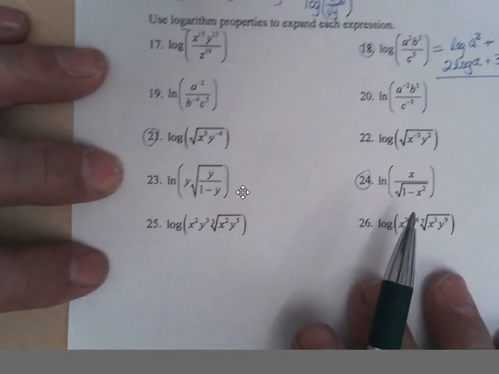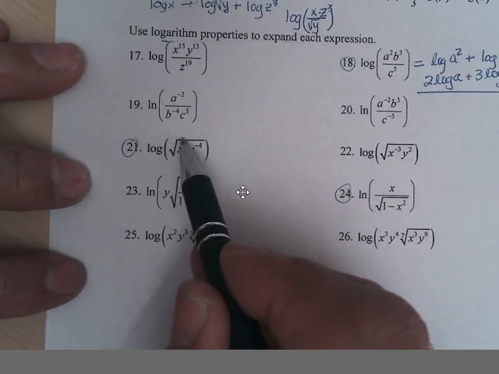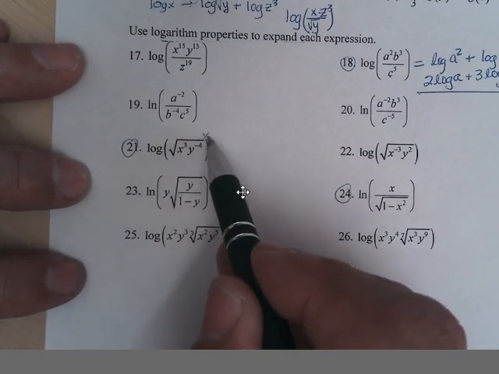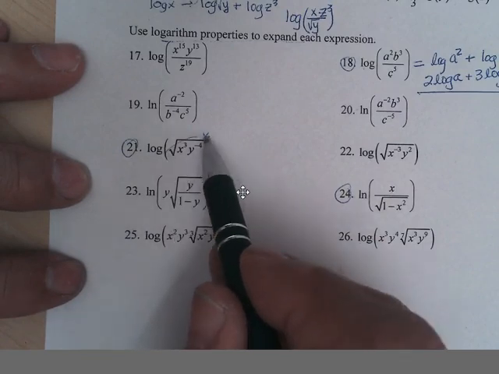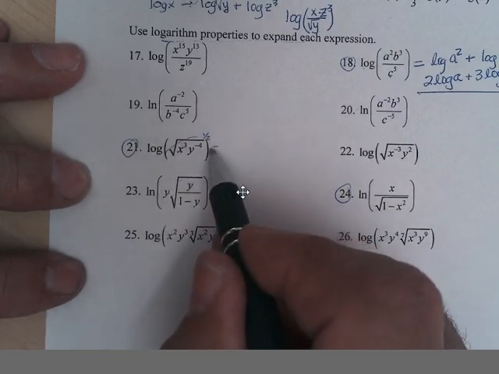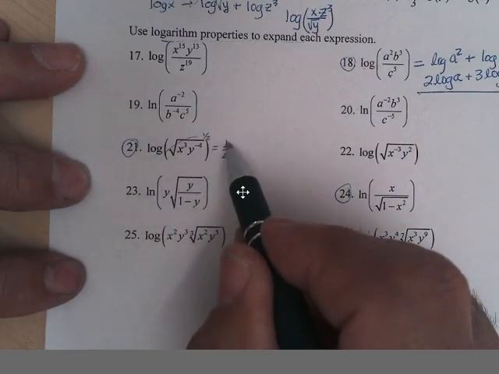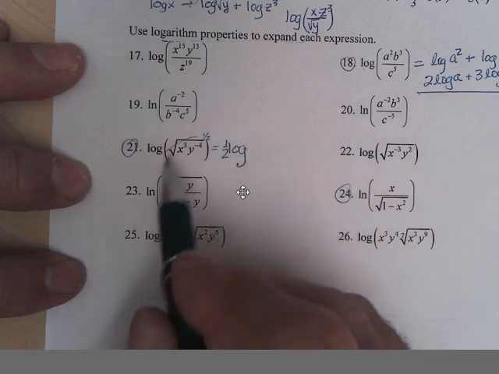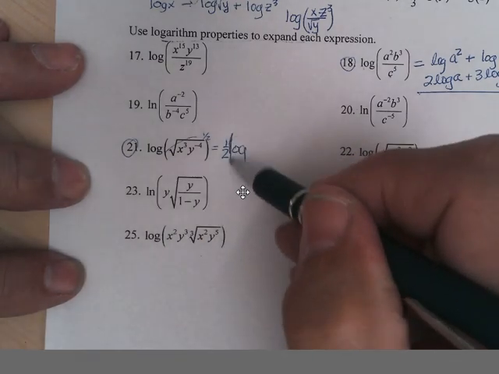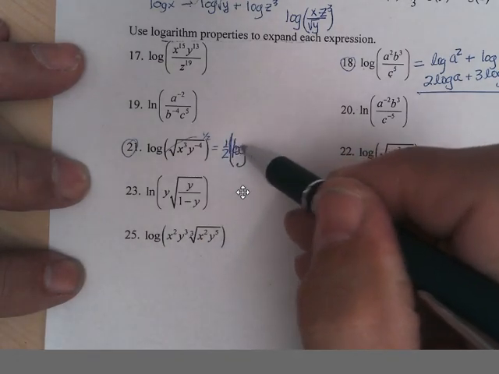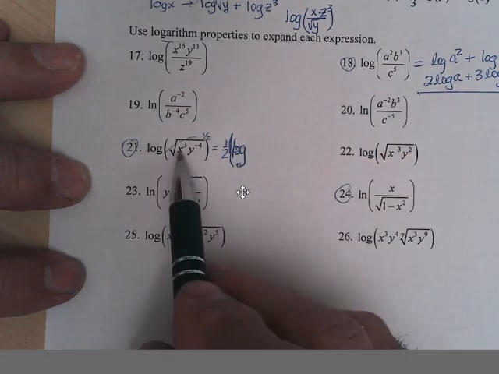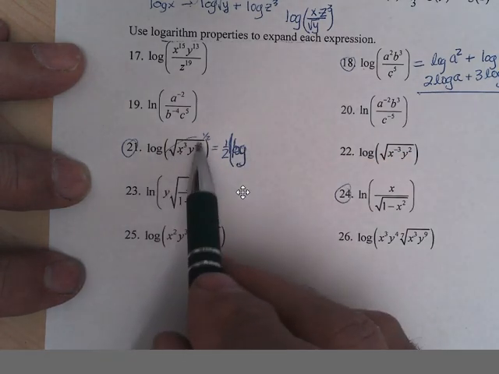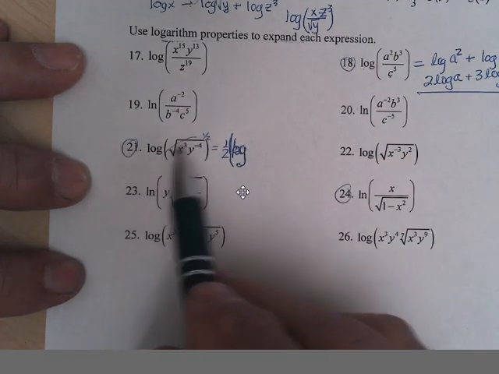21. The square root is basically a 1/2 power. So the half can come down, and it would be 1/2 the log of, now I'll just do it all at once here. So we'd have the log of the 1/2 takes care of the square root.